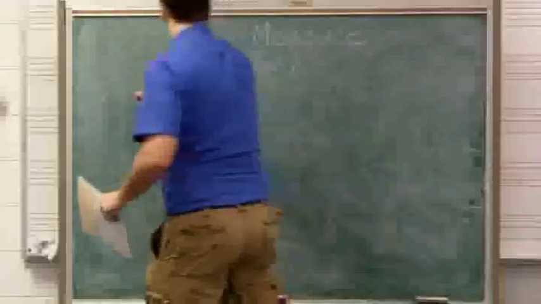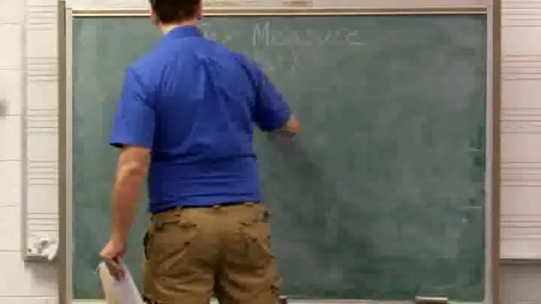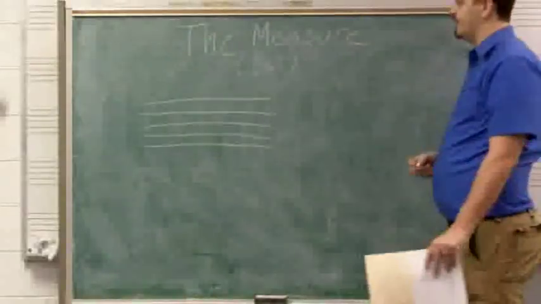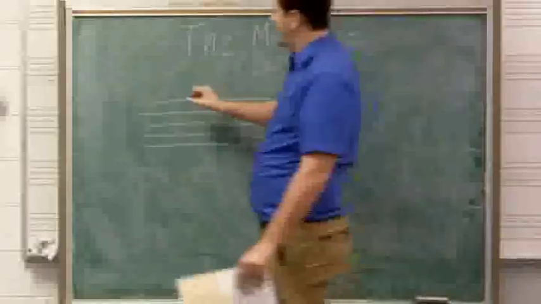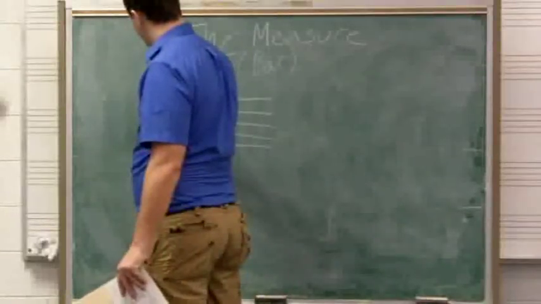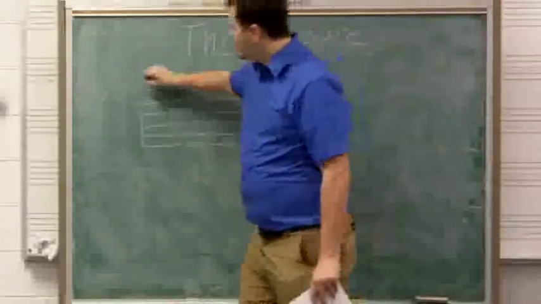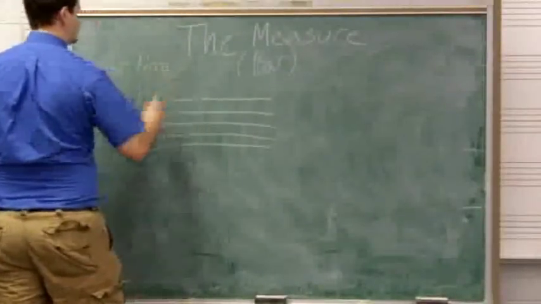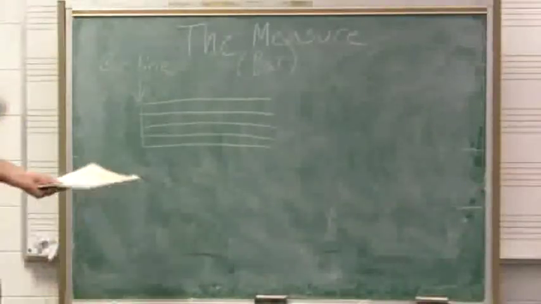All right, so I'll show you what a measure looks like. First, we have to have a staff. And that's usually true of just about anything. Now if I draw a line, that is a bar line, or a measure line.